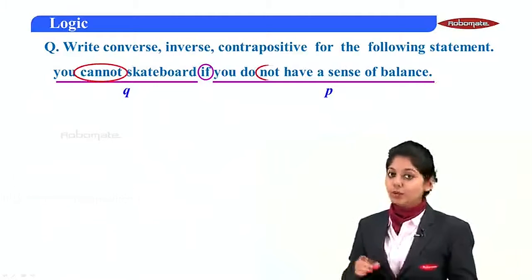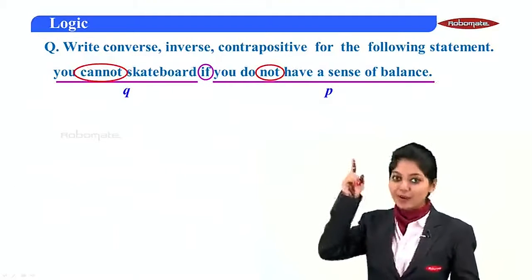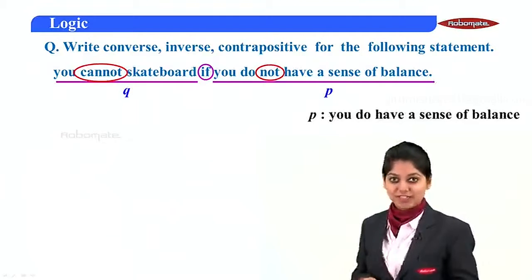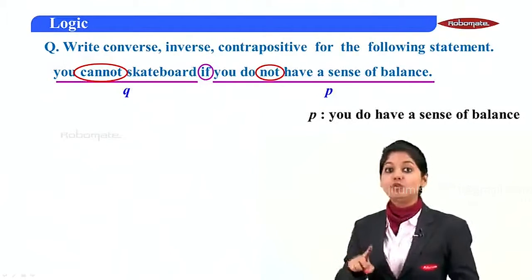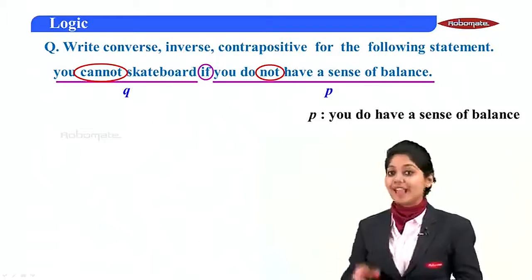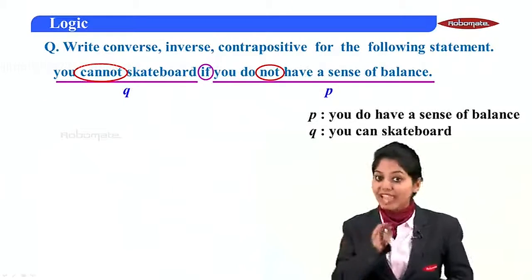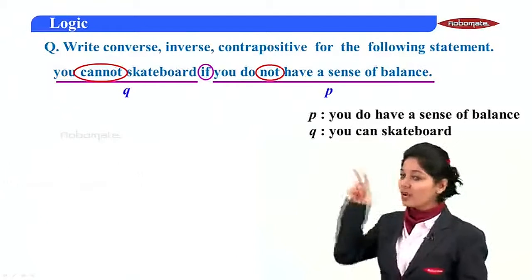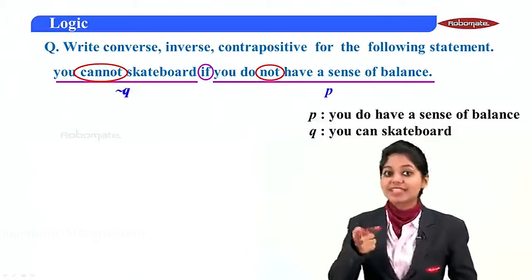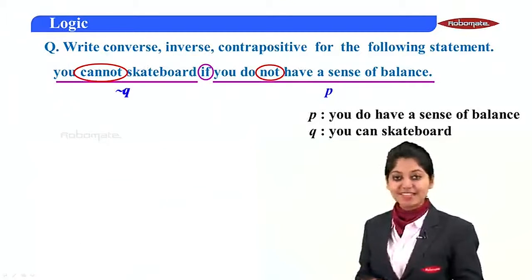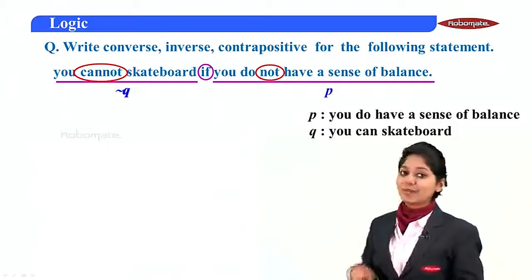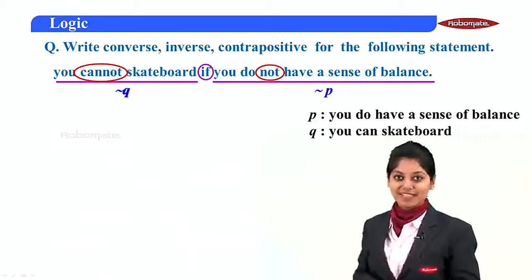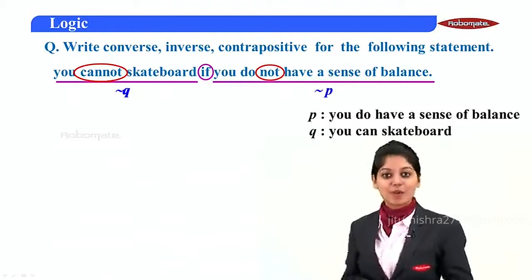Understood class? Due to the presence of "cannot" and "not", we first have to find the assertive statements, where P will be given as you do have a sense of balance and Q will be given as you can skateboard. Now class, due to the presence of "cannot", we will say that will be negation Q. While for the next statement, due to the presence of "not", we will say it is negation P. Now which form have you got?